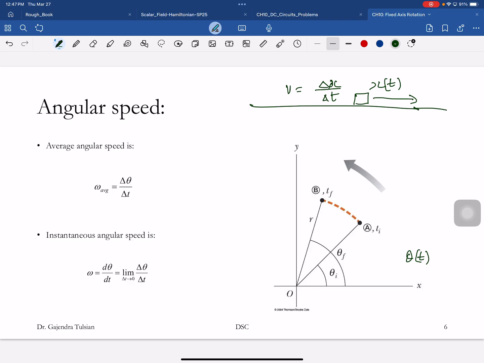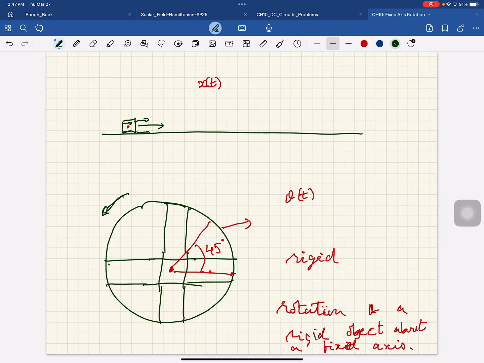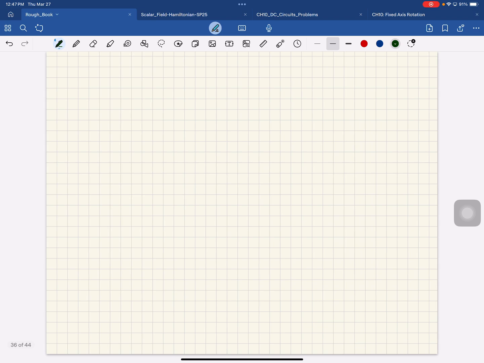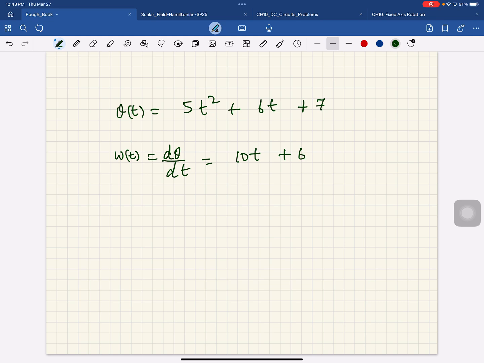Why? Because you are all calculus experts. If somebody gives you the angular position as a function of time, you can calculate its angular velocity, which is d theta by dt, for example 10t plus 6. And then you can calculate its angular acceleration.